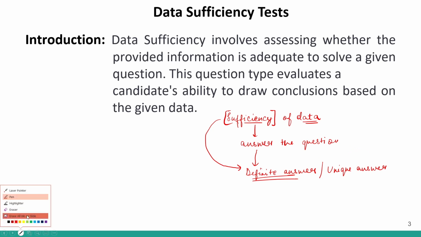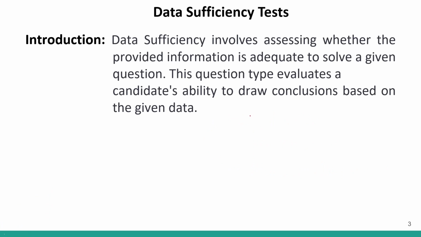Let's say the question is, what is the color of the t-shirt that Amit is wearing? This is a random question I am taking. Now two data are given to us.